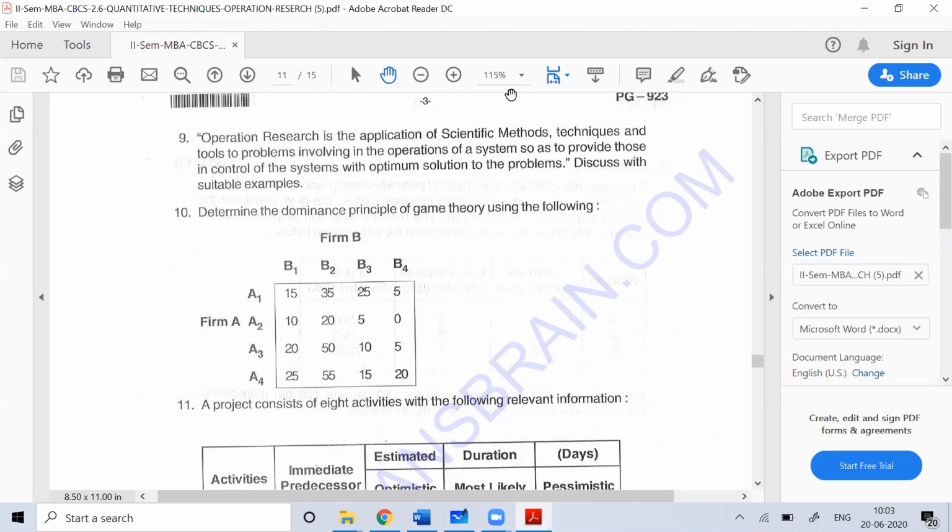Write a little story about what is pure strategy, what is saddle point. Then show that it can't be solved through a pure strategy. Then we applied the dominance principle to get the answer. All that story you have to write. So then only you'll get the marks.